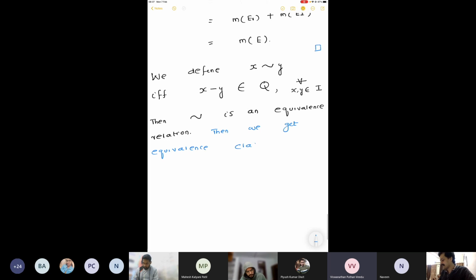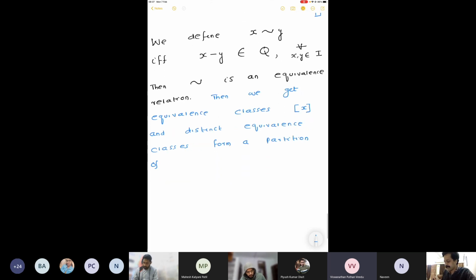The distinct equivalence classes form a partition of the parent set, or underlying set, a partition of I. Okay, so now you have a collection of sets.